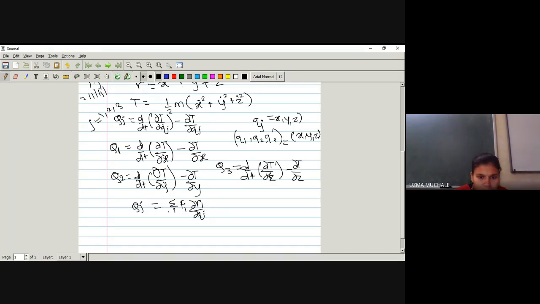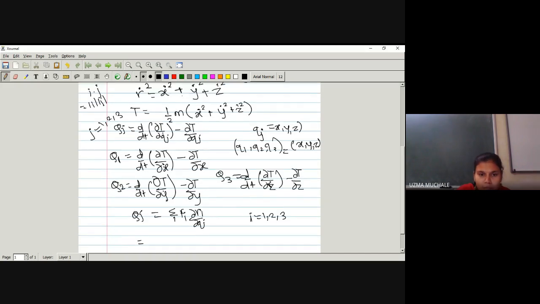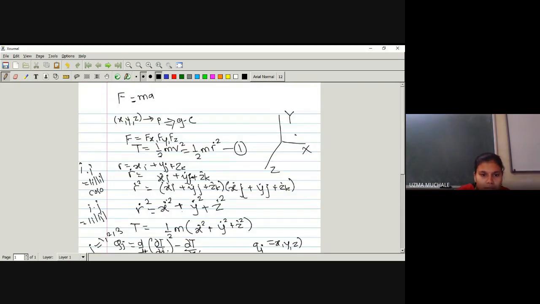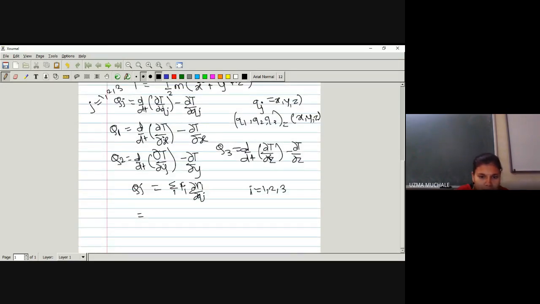Okay. As this summation over i will be running for 1 to 3 only, because we are in the 3D space. So now what are the components of Fi we have written initially? The force can be divided into 3 parts, right? That is force acting in x, y and z direction.